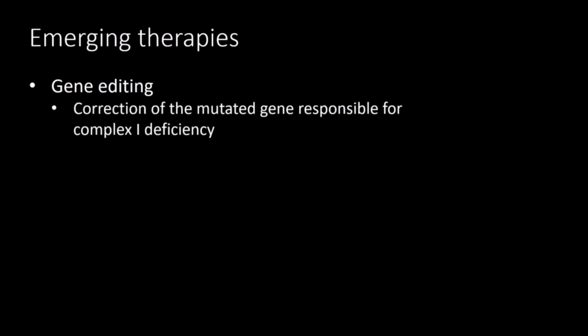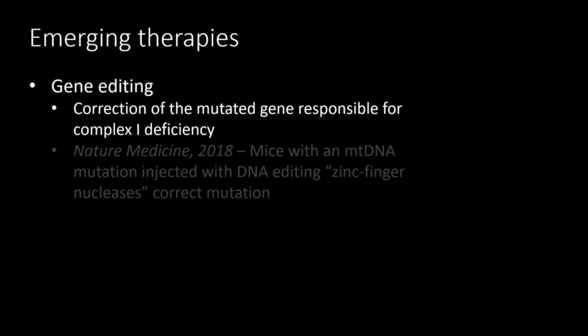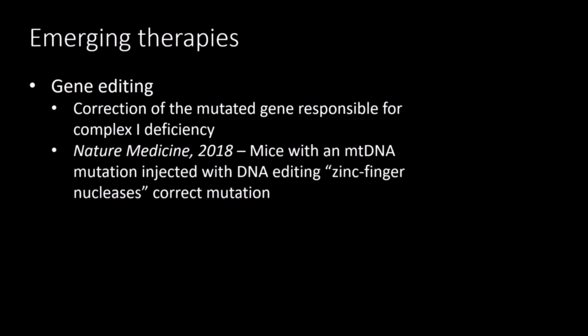There are also a few emerging therapies that have come to light in the past couple of years, one of them being gene editing therapies. If you could correct the mutated gene that's responsible, say, for a complex 1 deficiency, you could fix the problem. A paper came out in Nature Medicine in 2018.